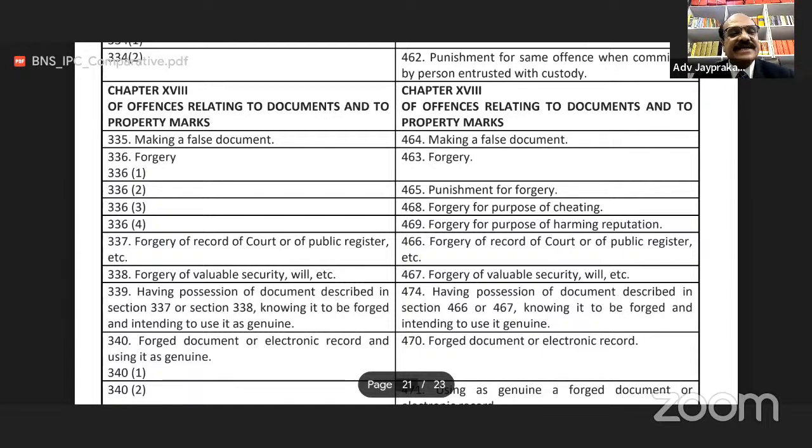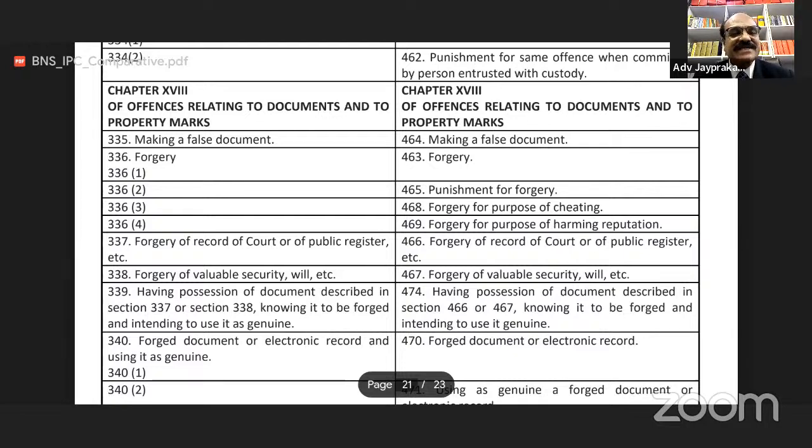BNS section 336(1), 336(2), punishment for forgery; earlier section was 465. BNS section 336(3), forgery for purpose of cheating; earlier IPC 468.